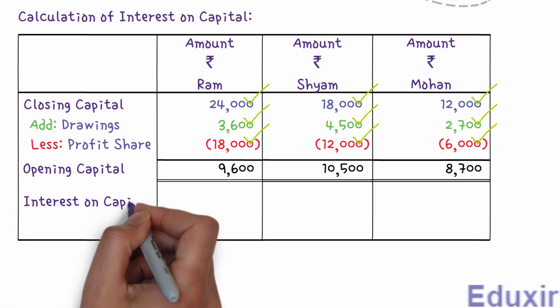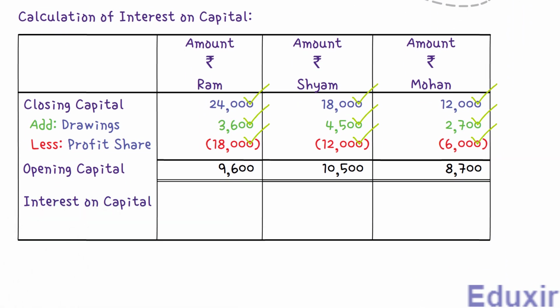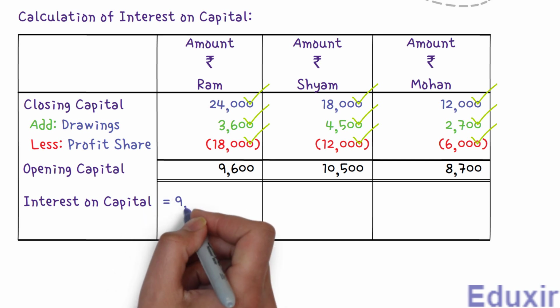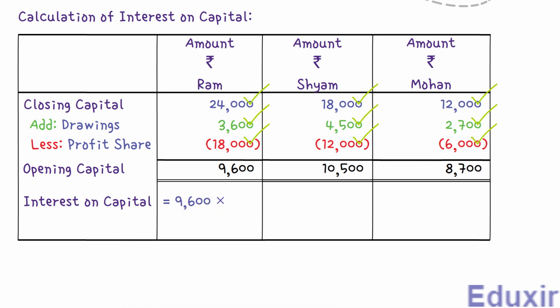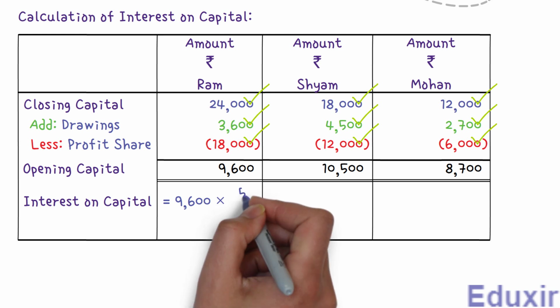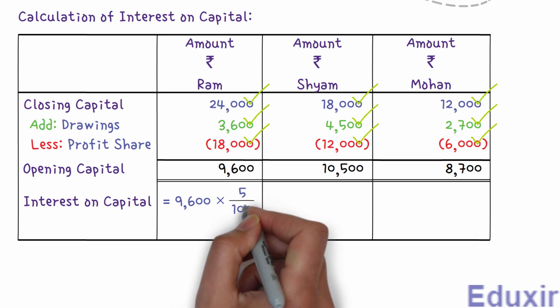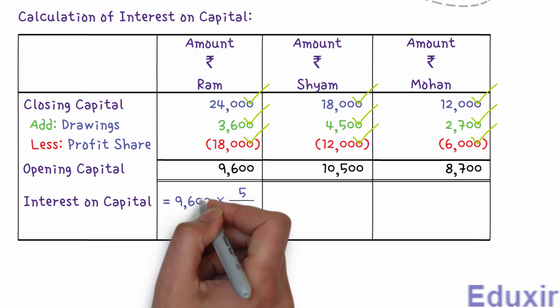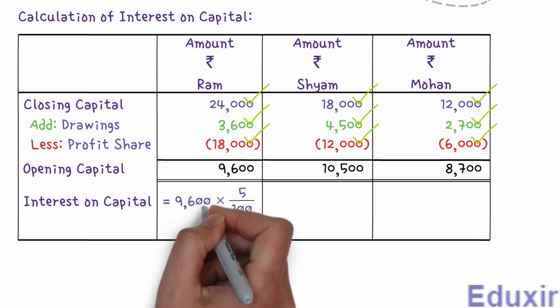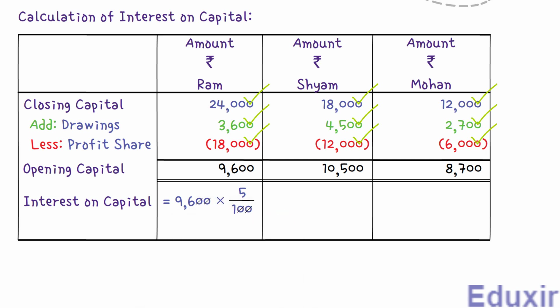Now, the interest on capital for the partner Ram is his opening capital amount of 9,600 rupees multiplied with the rate of interest on capital, which is 5 upon 100. Let's cancel both the zeros in 100 for both the zeros in 9,600 rupees. Now, if we multiply the remaining 96 and 5, we get 480 rupees. This is the interest on the partner Ram's capital.